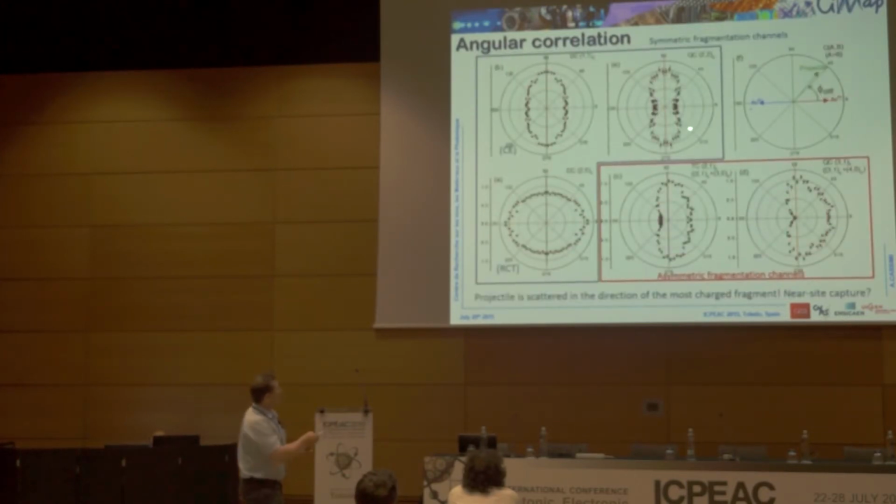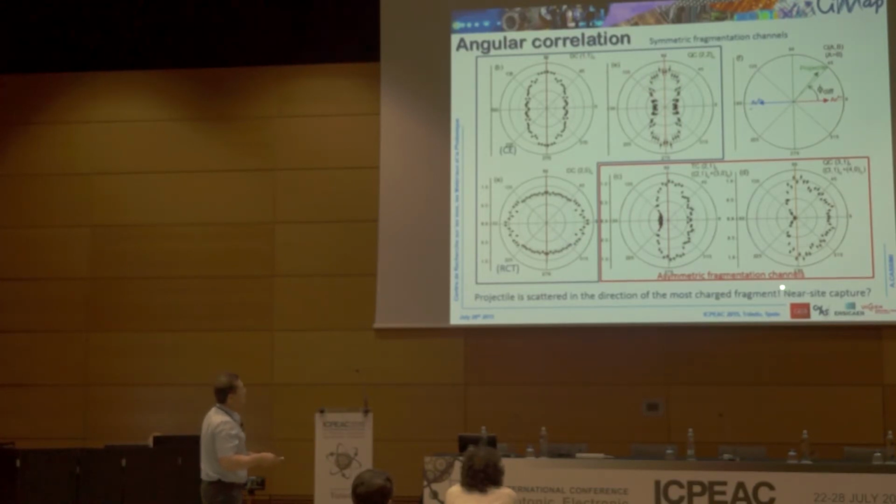Just so that you can understand what is plotted here, the dimer is along the horizontal axis, with the most charged fragment on the right side. And then we plot the scattering angle of the projectile with regard to this distance. We have chosen dimers which are aligned perpendicular to the projectile direction. For the symmetric fragmentation channels, we see a symmetric shape with a preferential scattering transverse to the dimer.